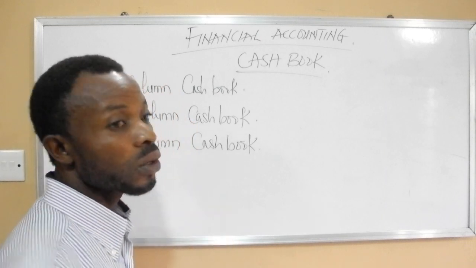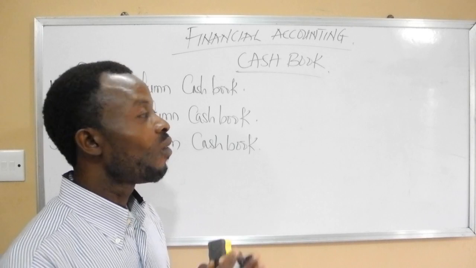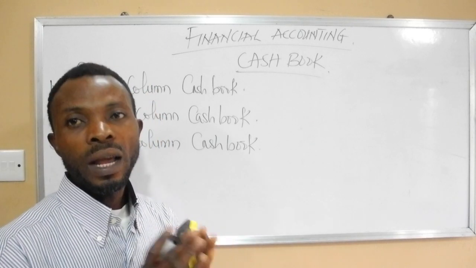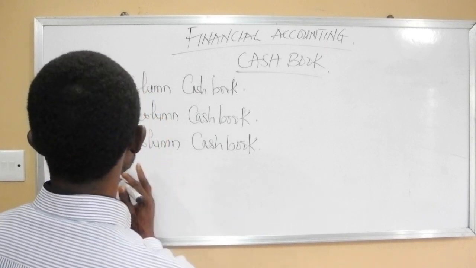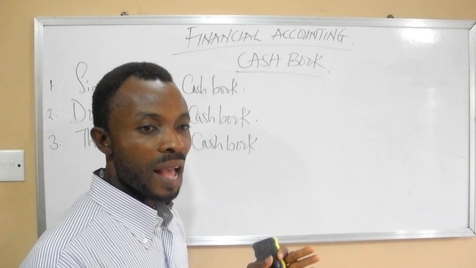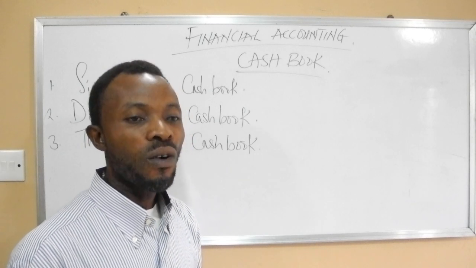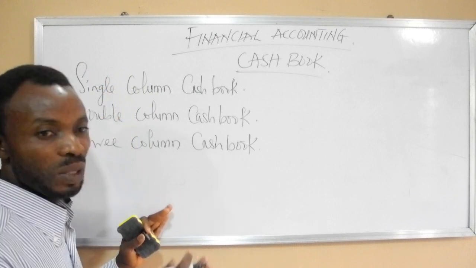But a double column cash book has two columns, one for cash transactions and the other for bank transactions. Then a three column cash book has three columns, one for cash, one for bank, and the other one for discount. Those are the main differences between the three.